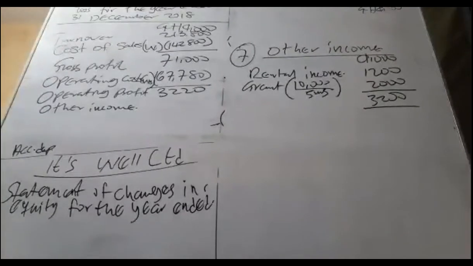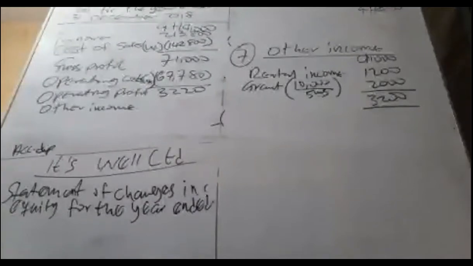Then we again added a revaluation loss of 7,000 to it. That was the last figure that we added. And what again?